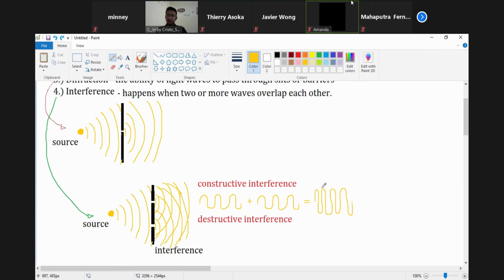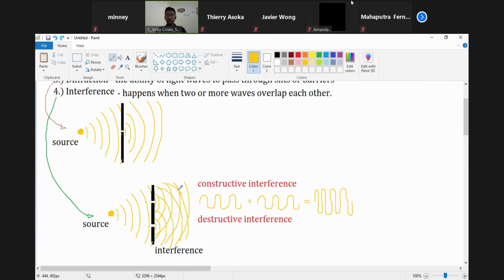The wavelengths become shorter because the frequency becomes higher compared to the original waves that interfere. So in this interference, it increases frequency and amplitude, thus the energy is increased. That's why we call it constructive interference.